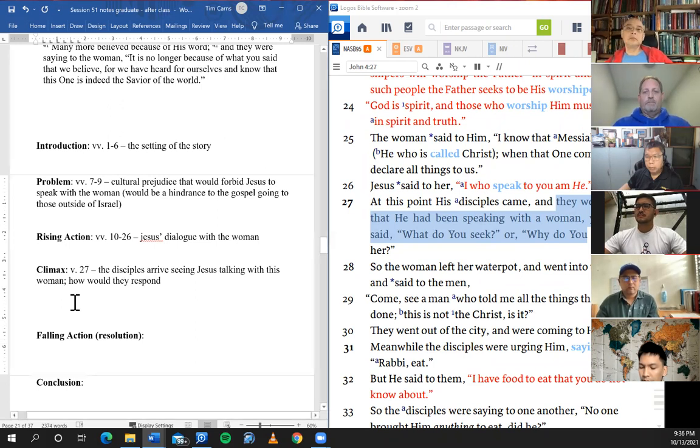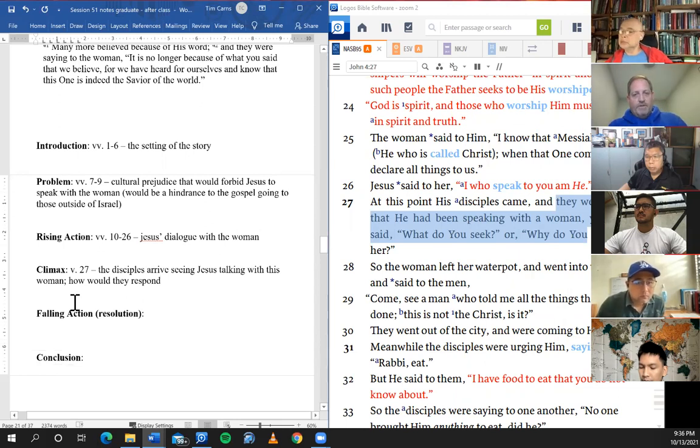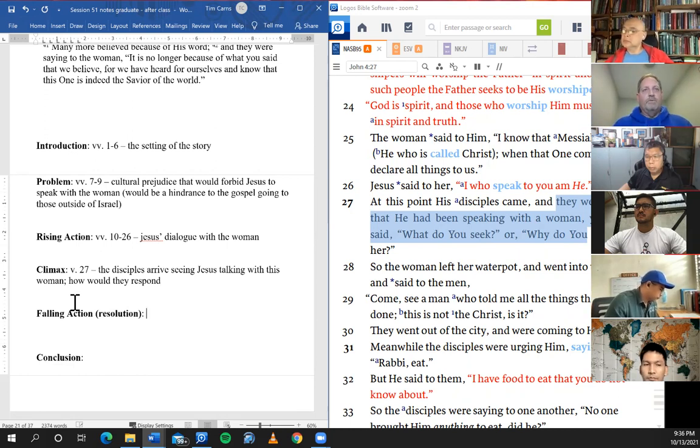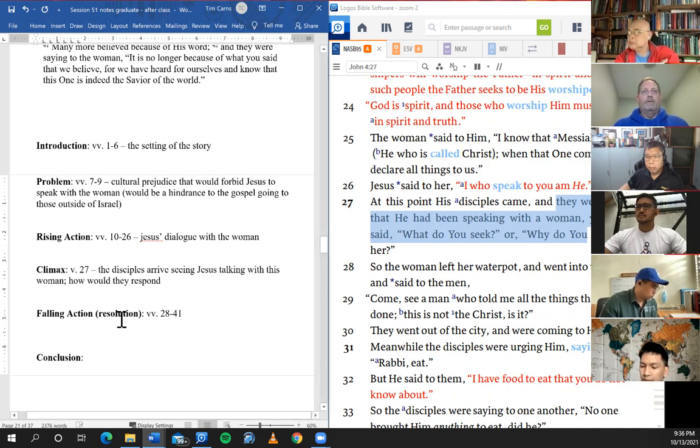And then we have the resolution of the story. So what happens as we reach this climax? How would the disciples respond? What would Jesus do? That's really the rest of, I would say, verses 28 to around 41.